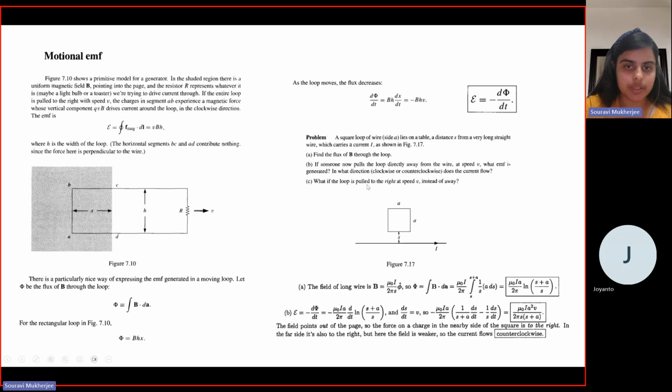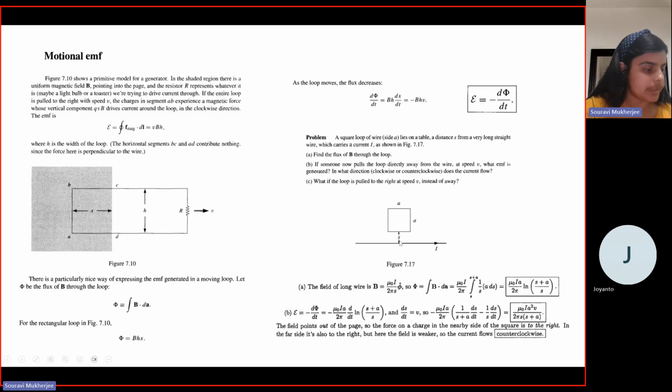Now, the next part of the question says, what if the loop is pulled to the right at speed v? Initially the loop was taken away in this direction. Now if we take it in this direction, what would happen? In this direction, you are actually moving along the wire, right? The magnetic field does not depend on where you stand along this line.